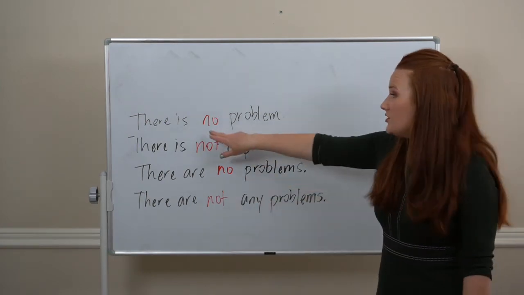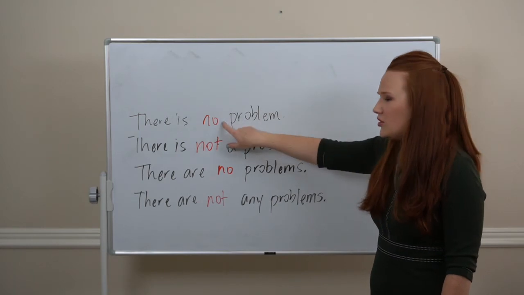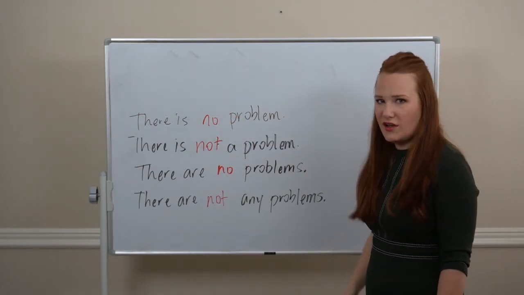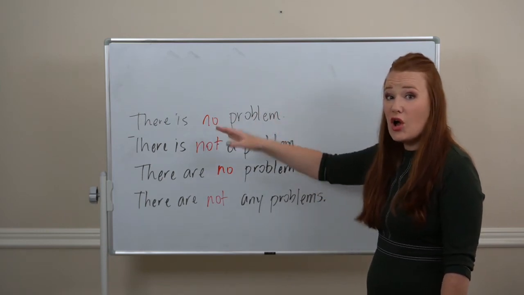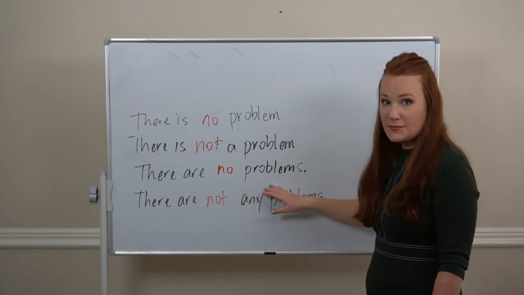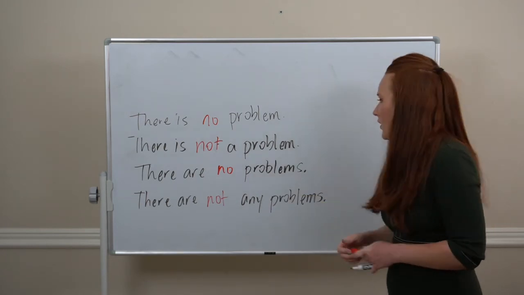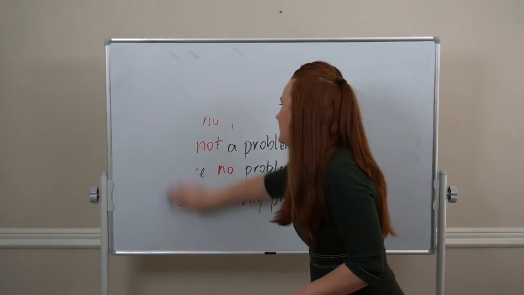If you use no with that singular subject, get rid of the article. Not there is no a problem, but there is no problem. There are no problems. All right. Questions.